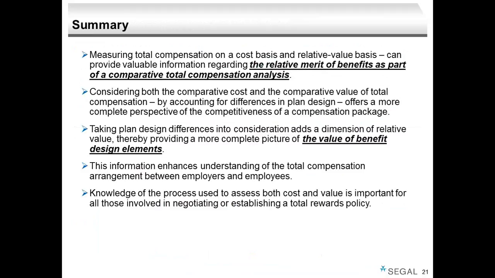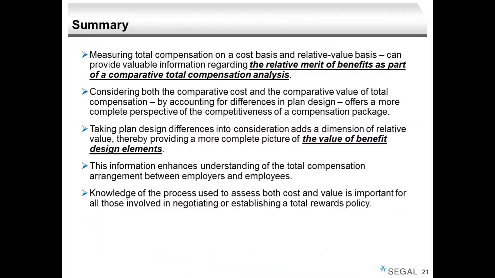So, in summary, I want to say that measuring total compensation on a cost versus relative value basis can really provide some valuable information. Certainly, in bargaining, to understand not just what the cost is of various benefits in a real granular form in terms of health benefits, dental, vision, various types of retirement benefits, and perhaps even negotiating changes in the plan design.